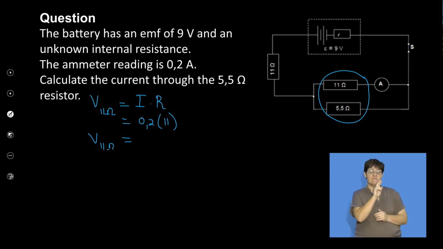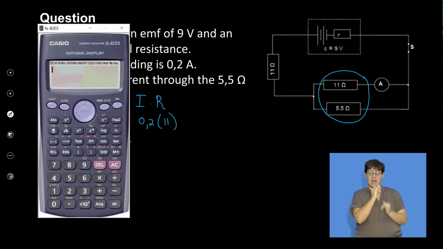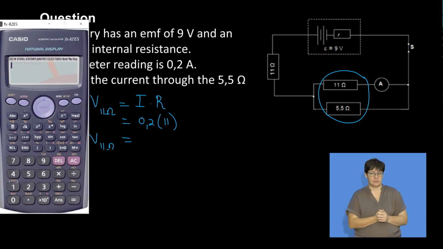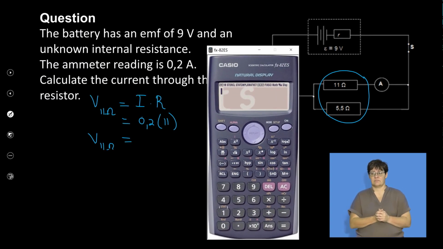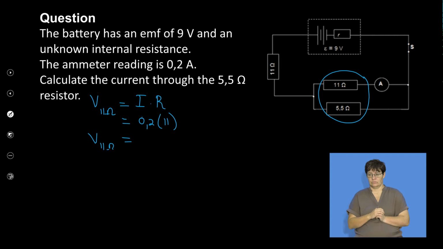If we go to our calculator, 0.2 multiplied by 11 gives us 2.2 volts.